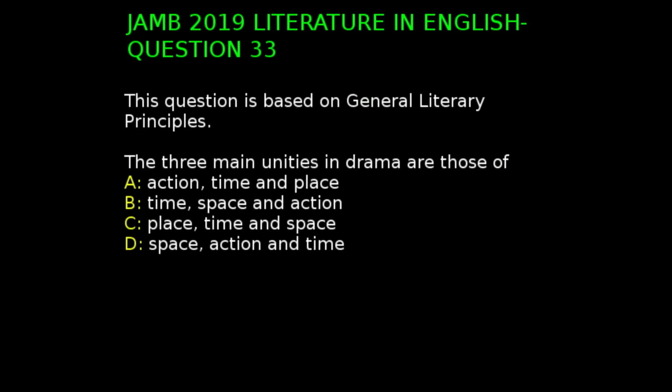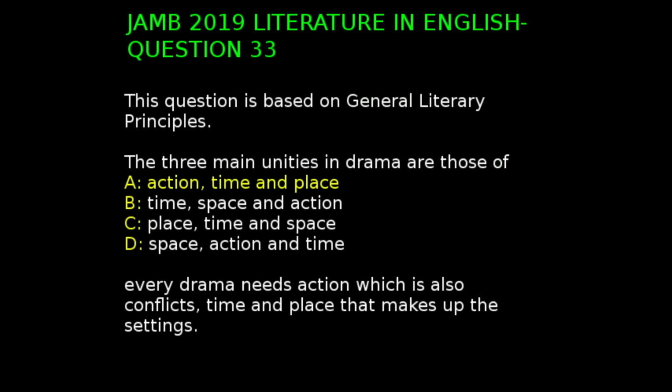Action, time, and place. This is because every drama needs action, which can also be called the conflict. It needs time setting and also place setting. The time setting here refers to the period in which the drama or play occurs, either in the 20th century, 19th century, 18th century, whatever century as the case may be.